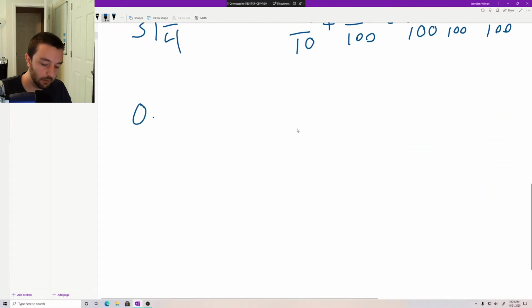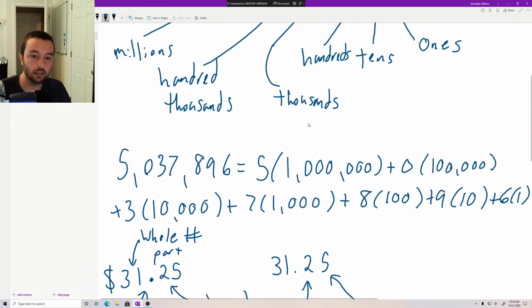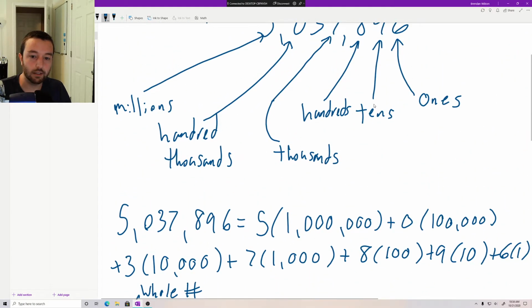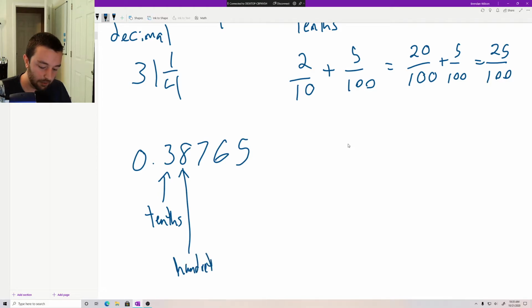Say we had 0.38765. It continues on just like the regular place values continue on in the same order. It's just we're going backwards. Okay. So the first one on the right side is the 10ths place. This one is the 100ths place.